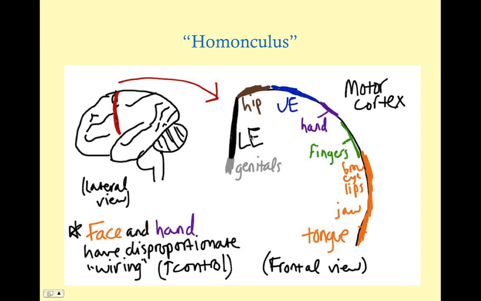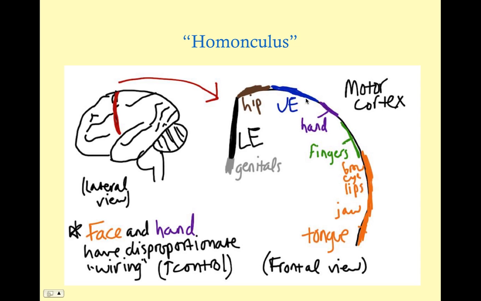So the homunculus corresponds somatotopically to the body. And you can see that there's sort of a pattern on how it goes. So you have your tongue and your jaw and your lips. So your lower face, and then your eyes and your brow, your upper face, and then you've got your fingers here taking up a pretty good chunk, and your hands and your upper extremities.